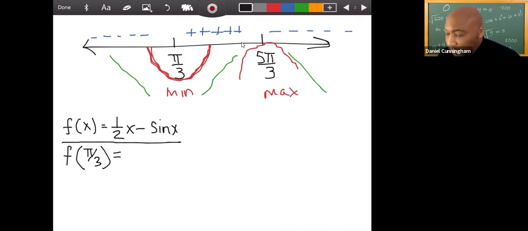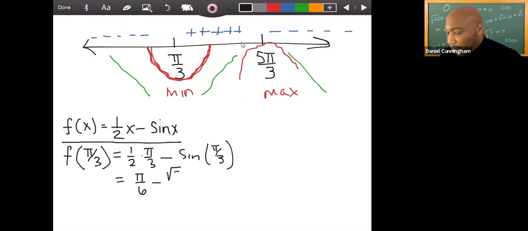So again, given the original equation, this gives me 1/2 times pi over 3 minus the sine of pi over 3. We end up here with pi over 6 minus, and I believe this is the square root of 3 over 2. And I'm going to leave it as that, as an answer for my y value, if I'm not mistaken, with using my pi over 3.